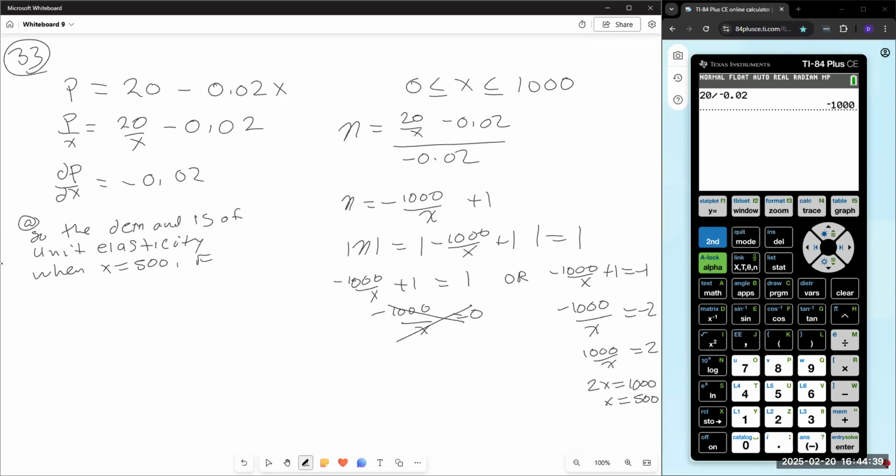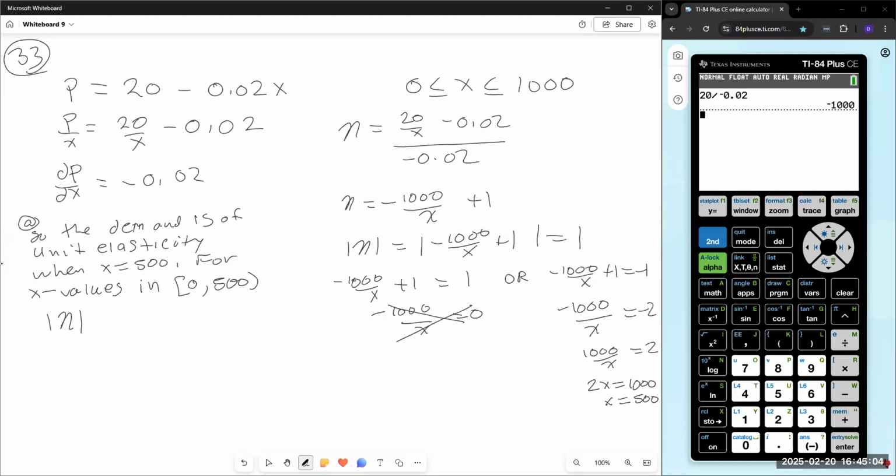For x values in 0 to 500, including 0, the absolute value of eta, I plugged in 0.